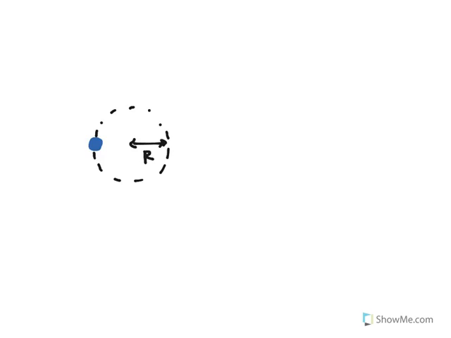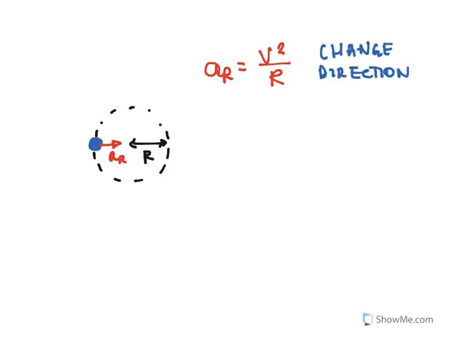At the very end, this particle has two components of the acceleration. The first one is the radial acceleration, which goes towards the inside of the circular motion, and its only objective is to change the direction of the velocity. There is another acceleration, which is the tangential acceleration.